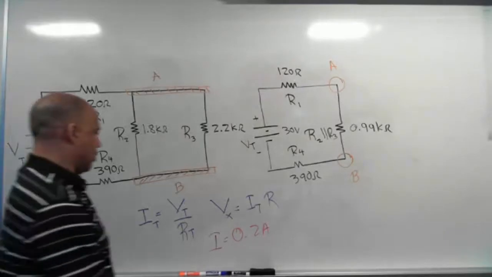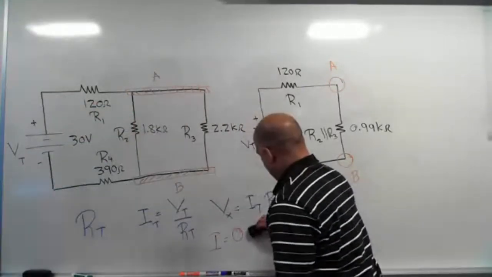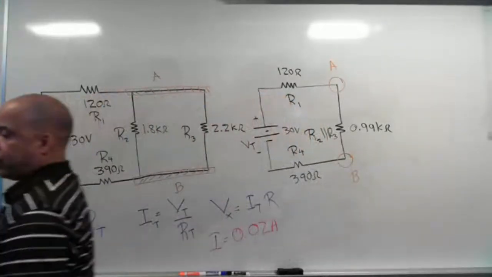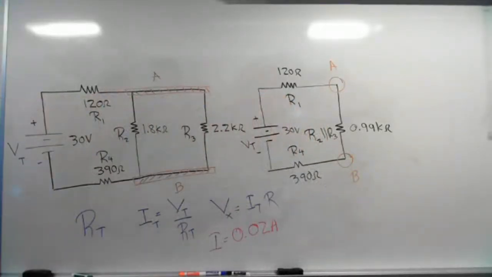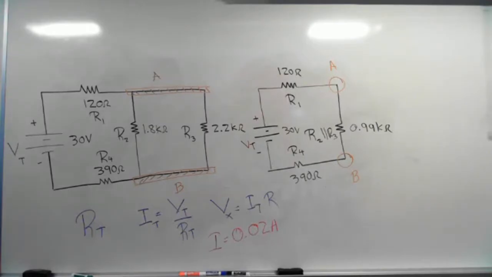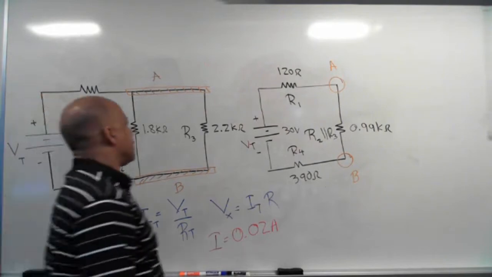Oh, I wrote down 0.2. What did you say? I got 0.02. I'm just double checking. Anybody else get 0.02? Yeah, I got 0.02 as well. Okay, so Michael got 0.02. Riley, did you get it? Yes. Nathan, are you there? So we got 0.02.